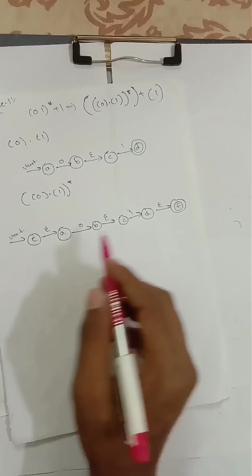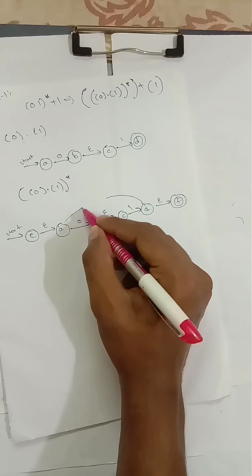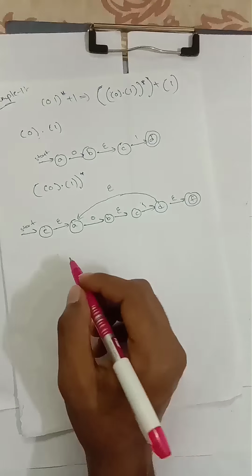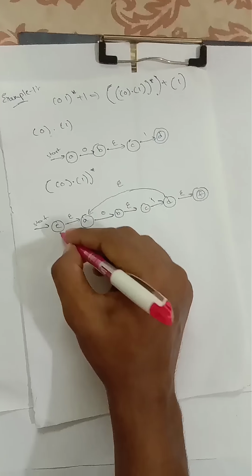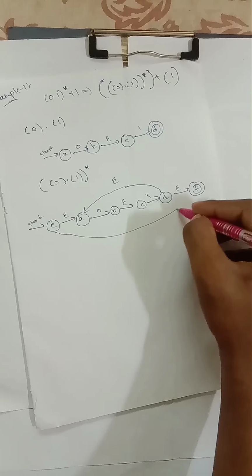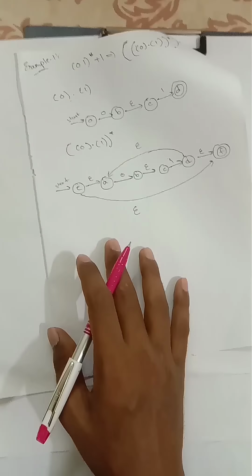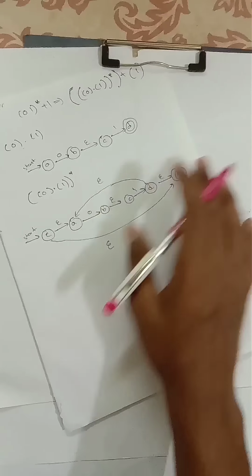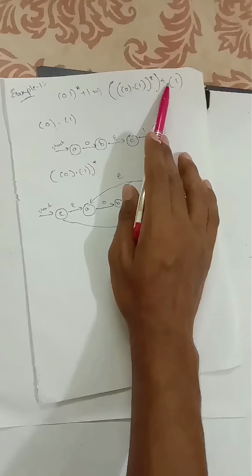Now from D to E we need to draw a path with epsilon transition and also draw a path from starting state E to the final state F on epsilon transition. Now we need to come to the final operation of this expression, that is union.